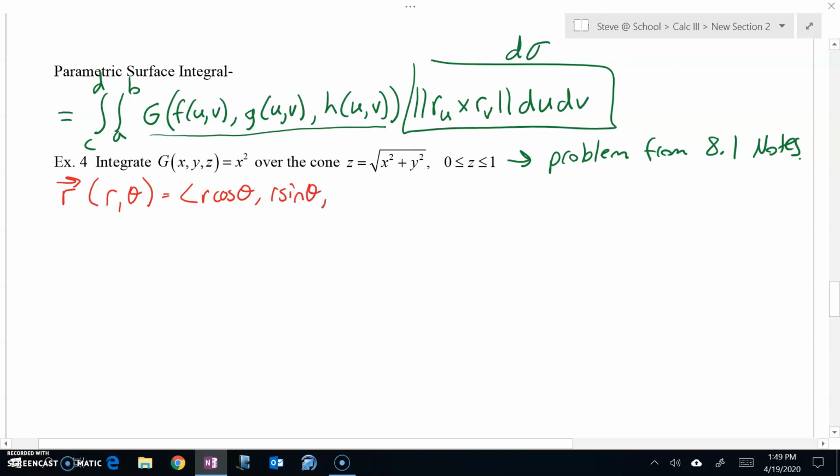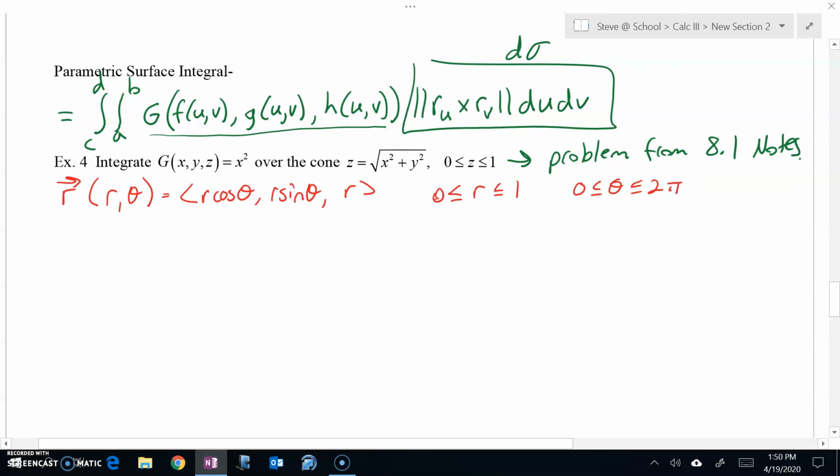And then z is equal to this, which is just r, remember? And then we got that the bounds for both of these were 0 to 1 for r, and for theta, it was 0 to 2 pi, because the cone's going all the way around.